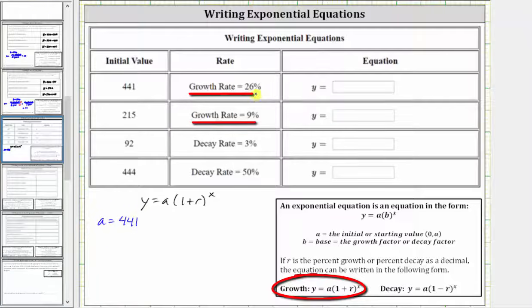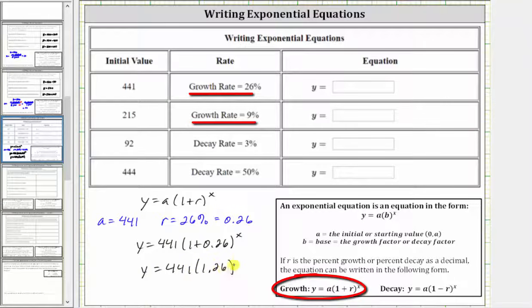The growth rate is 26%, which means r is equal to 26%, which must be expressed as a decimal. 26% is equal to 0.26, which means the equation is y equals 441 times the quantity 1 plus 0.26 raised to the power of x, which gives us y equals 441 times 1.26 raised to the power of x.